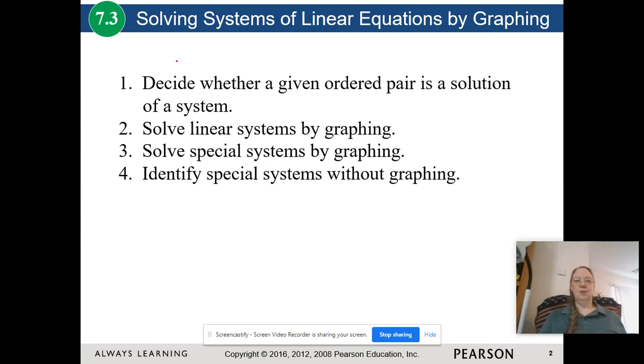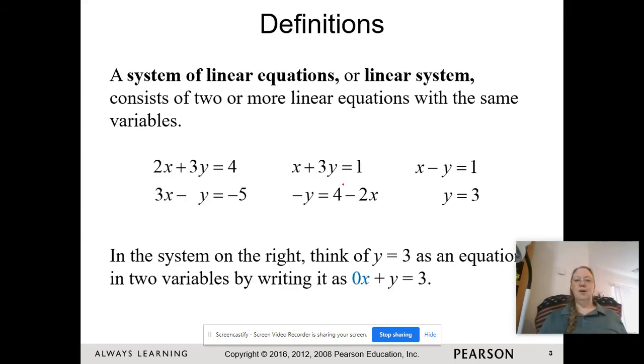All right. So in chapter 7, we're going to be solving what are called systems of equations or systems of linear equations. Okay, remember linear, right? That means we have two variables where x is to the first power and y is to the first power. When we have a system, that means we have two or more linear equations with the same variables.